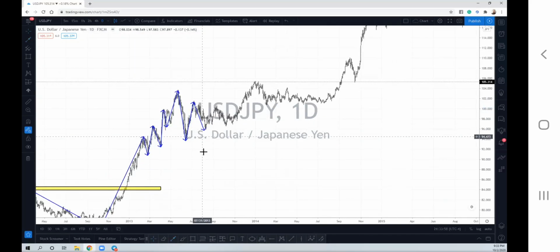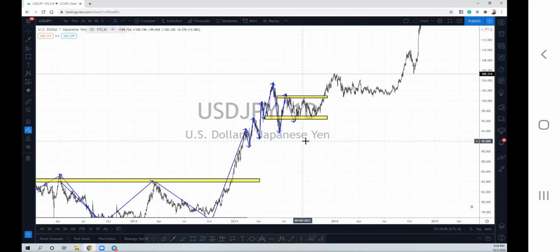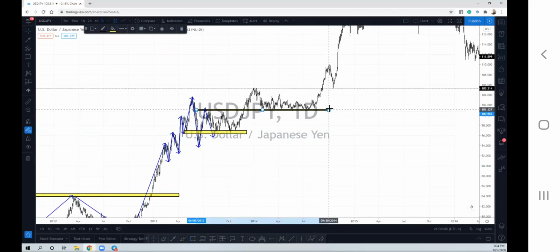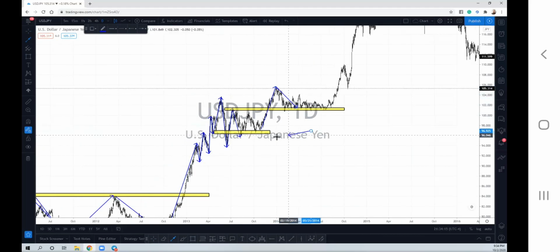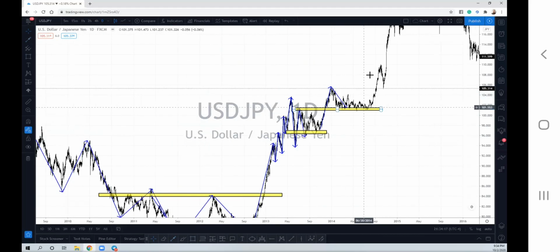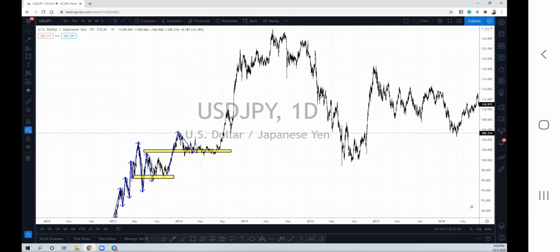Okay, and you can see that here we had a little slight consolidation over here, right, until we have a break above to continue to the upside, a retest of the support to continue again to the upside, making more higher highs and higher lows.